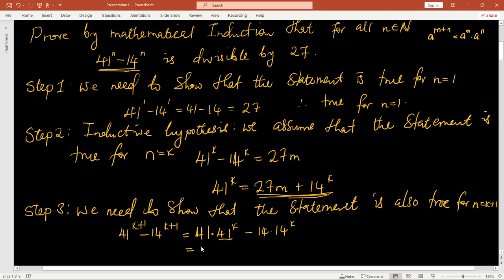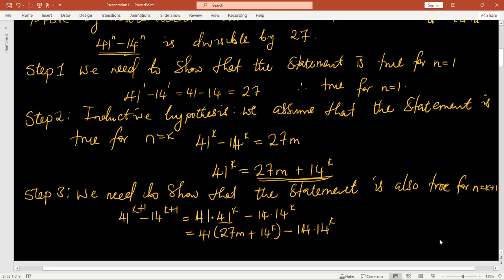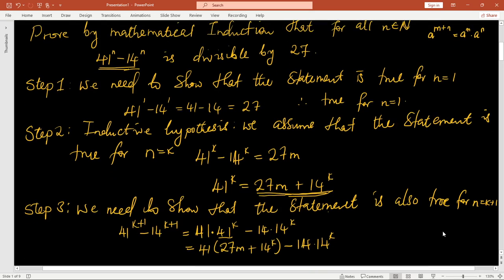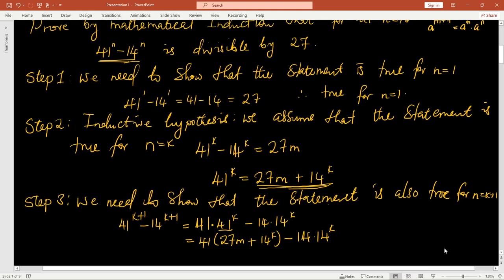So we're going to have 41 open brackets 27m plus 14 to the power k, close brackets, minus 14 multiplied by 14 to the power k.